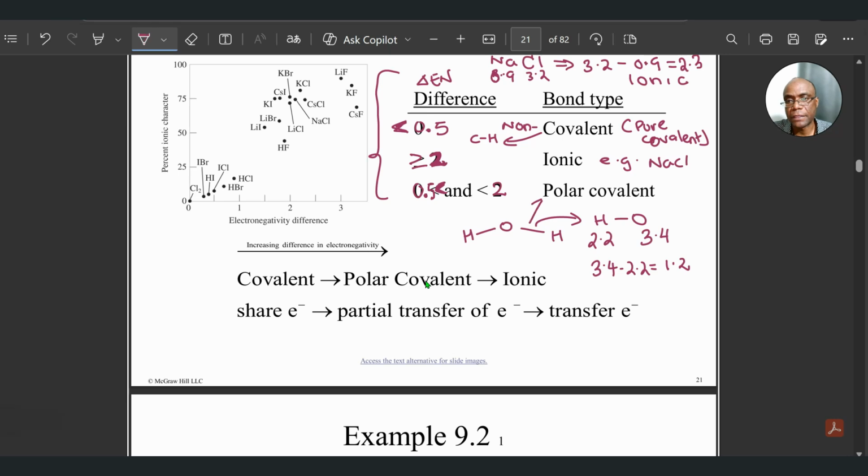So this bond is polar covalent because of sharing of electrons. Now remember that covalent bonds are made by sharing electrons, and ionic bonds are made by complete electron transfer. We did examples of this.